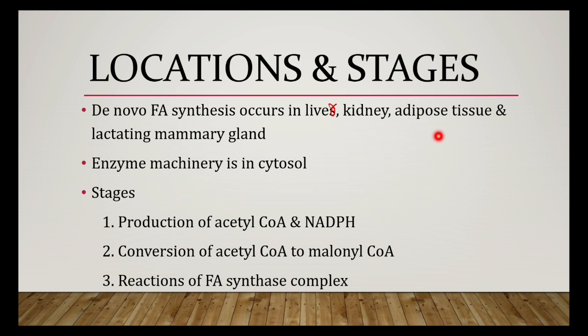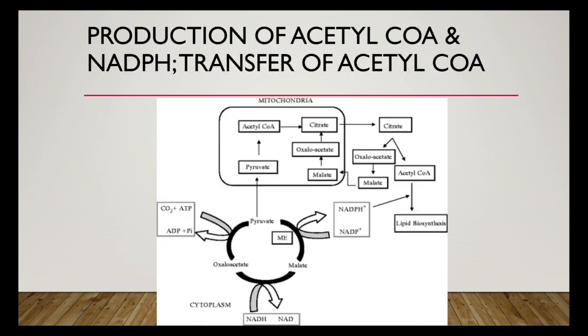Let's see stage 1, that is production of acetyl-CoA and NADPH, as well as the transfer of acetyl-CoA from the mitochondria to the cytosol. The pyruvate produced in the cytosol is transferred into the mitochondria and with the help of PDH is converted to acetyl-CoA.